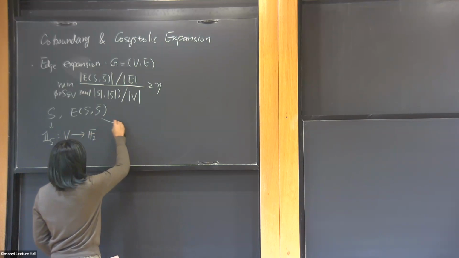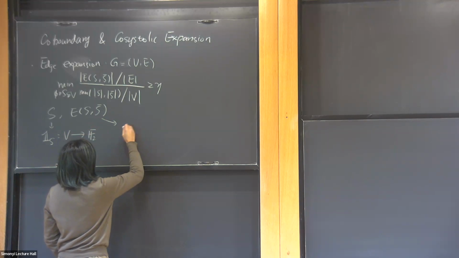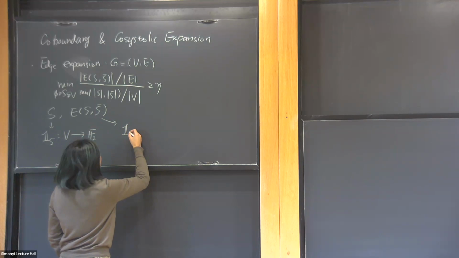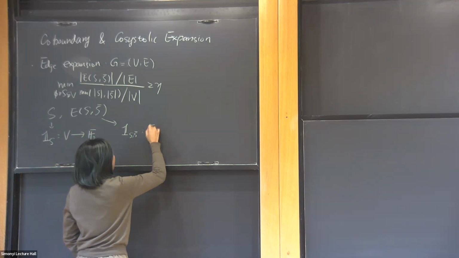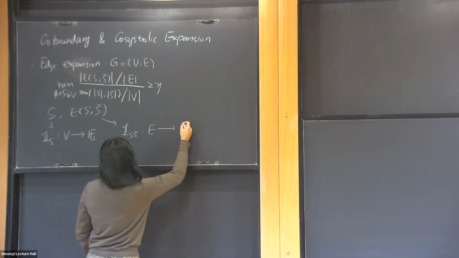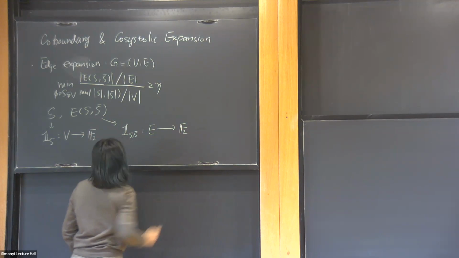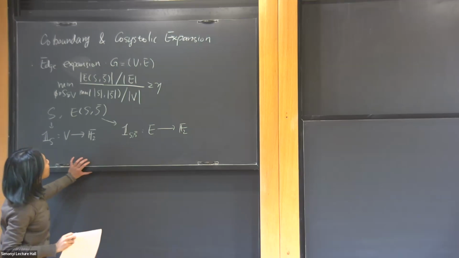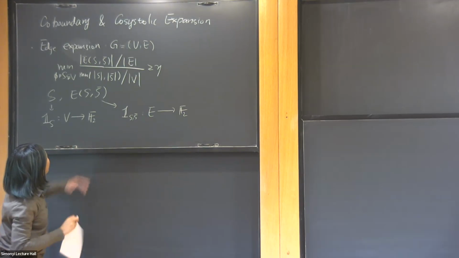And I would also identify this edge set with the indicator function of the cut between S and S complement. So I like to talk about functions instead of edges.